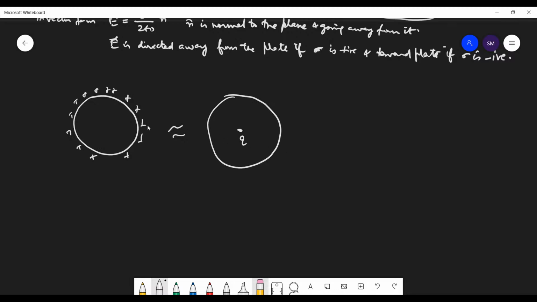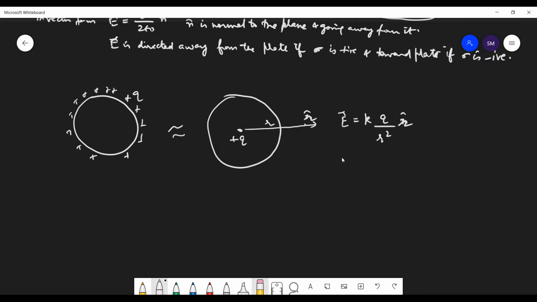So the formula of electric field is kQ by r square, in the direction of n cap, the radial or position vector.